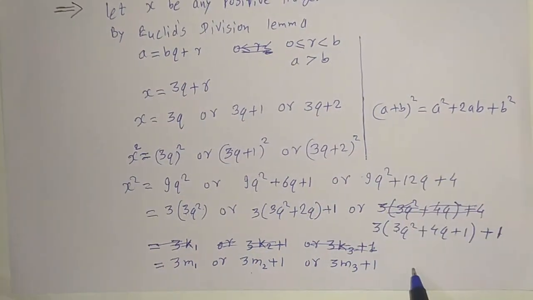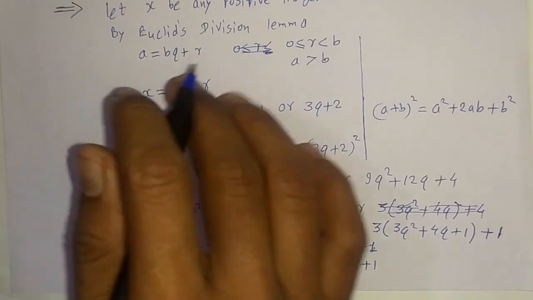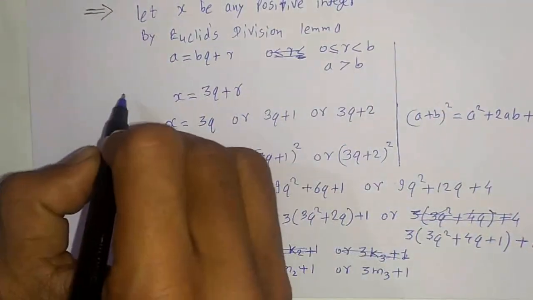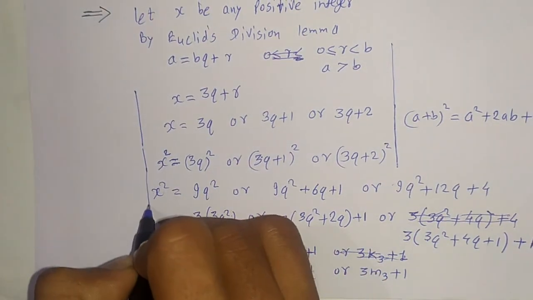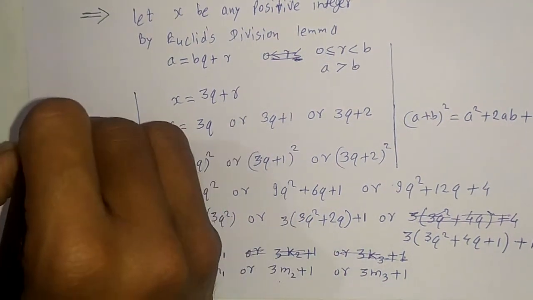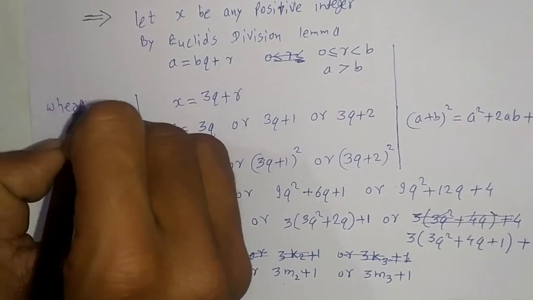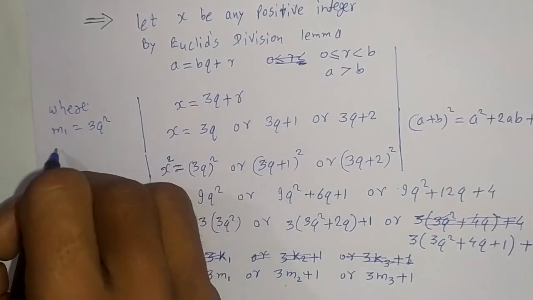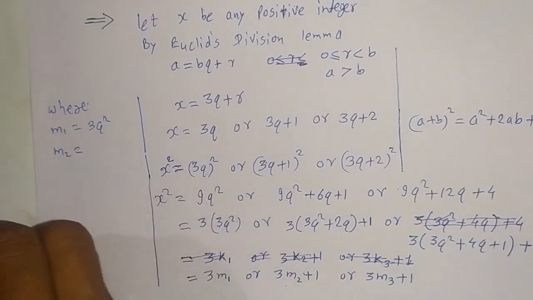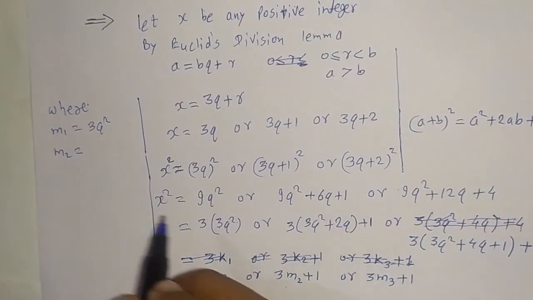So here we have, let's write this down here. We have limited space here, where m1 equal to 3q square, m2 equal to 3q square plus 2q.